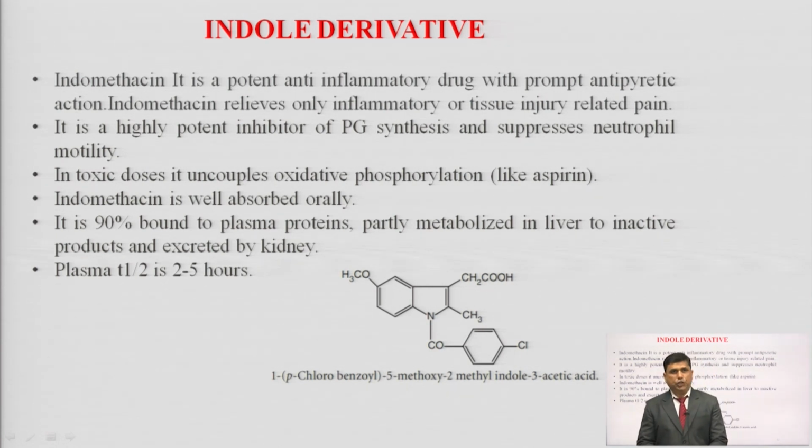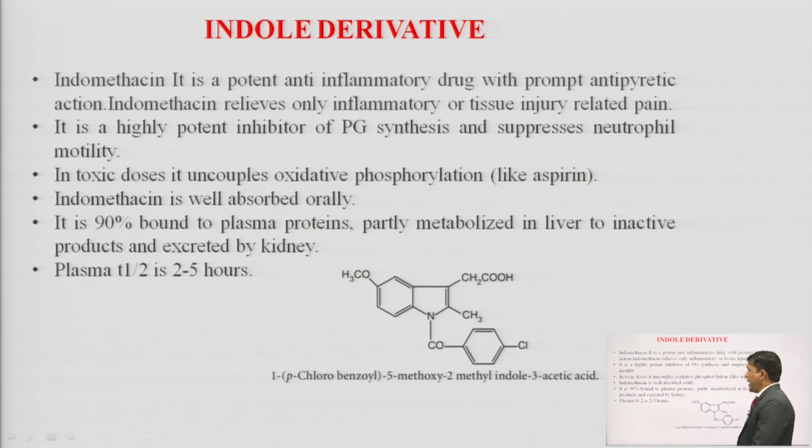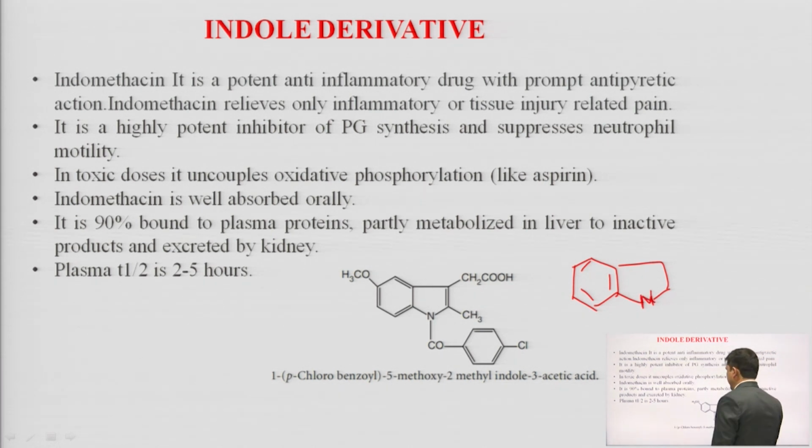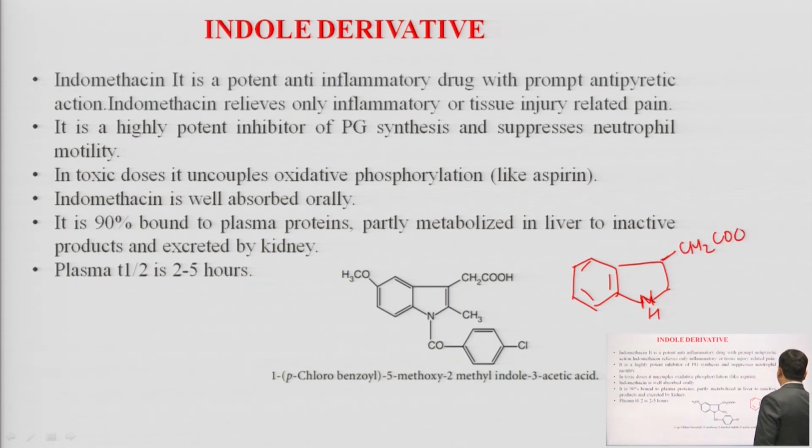Next is indole derivatives. Indole is a benzo-fused heterocyclic compound where one benzene ring is fused with the pyrrole nucleus. This is indole, and with an acetic acid CH2COOH it is indole acetic acid.